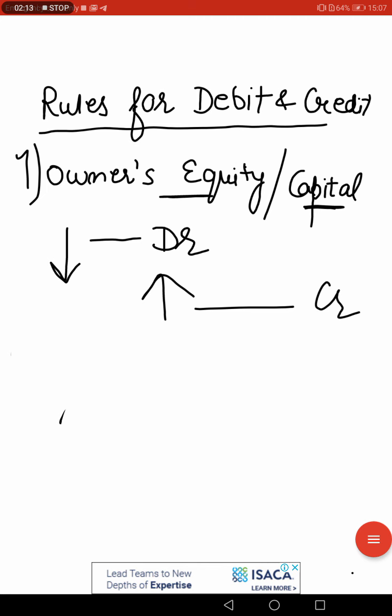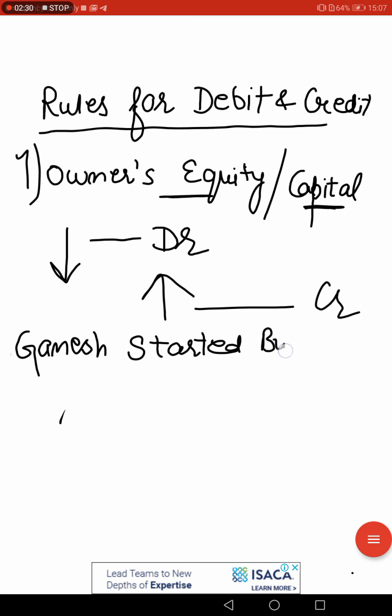Let's suppose in the question it is given that Ganesh started business with rupees 50,000.